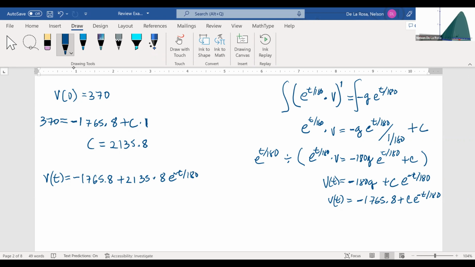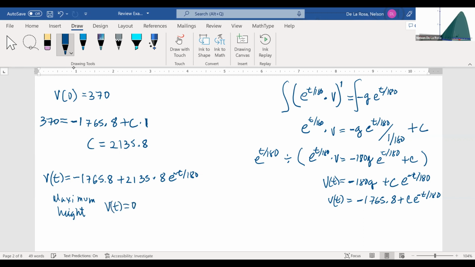So recall now, in the first part of the problem, we had to find when the object attains its maximum height. So the maximum height of the object occurs when v of t is equal to 0.